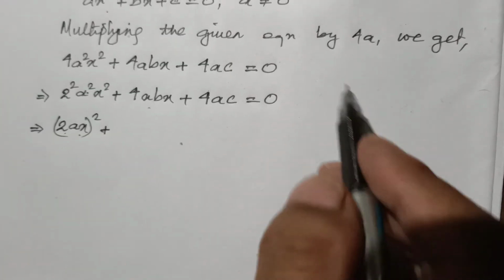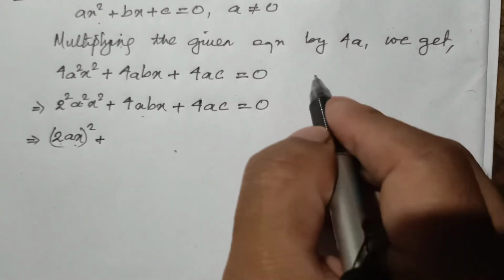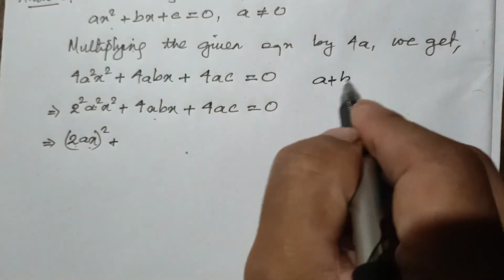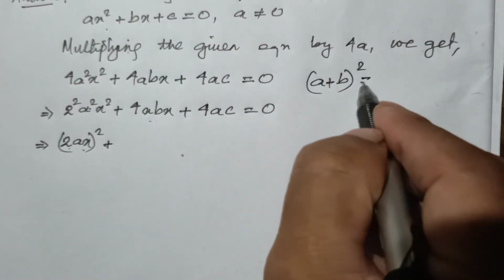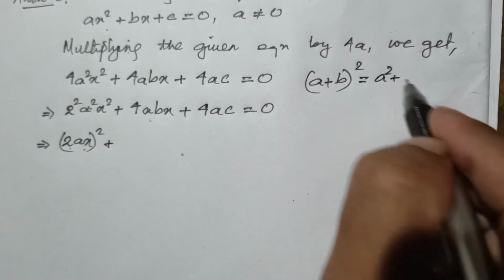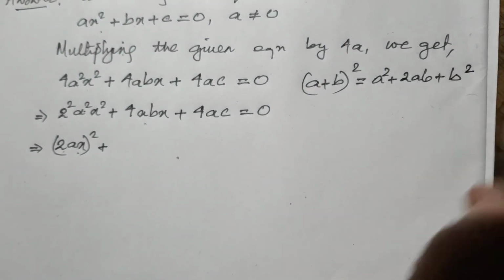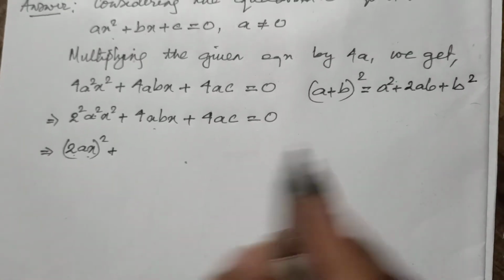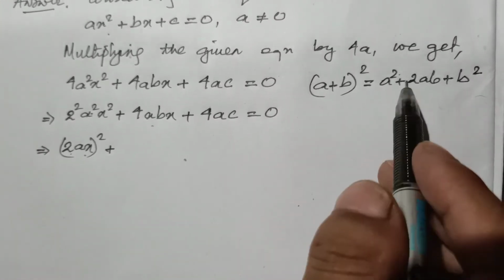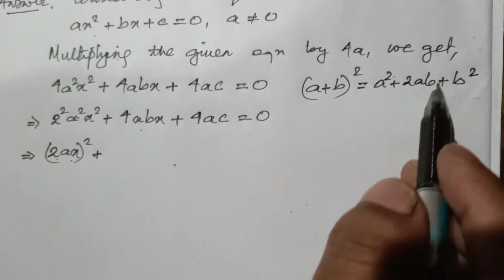And remember, in this derivation we are going to consider the identity (a plus b) whole squared equals a squared plus twice ab plus b squared. Now we got a square here, and according to the formula, it is 2ab.